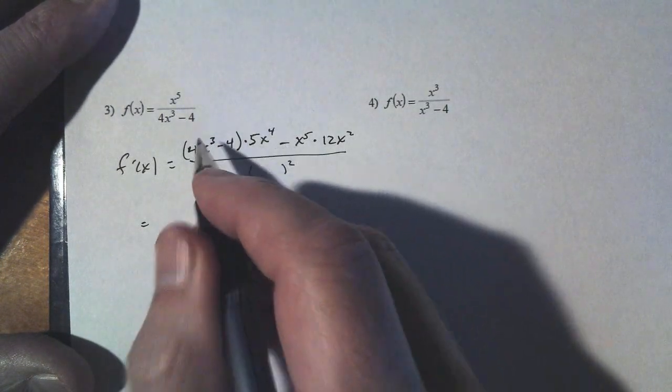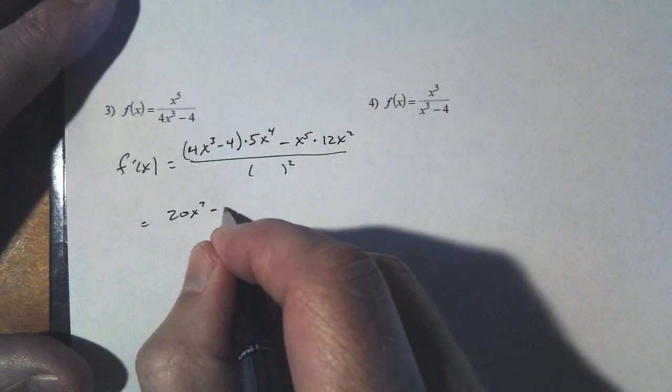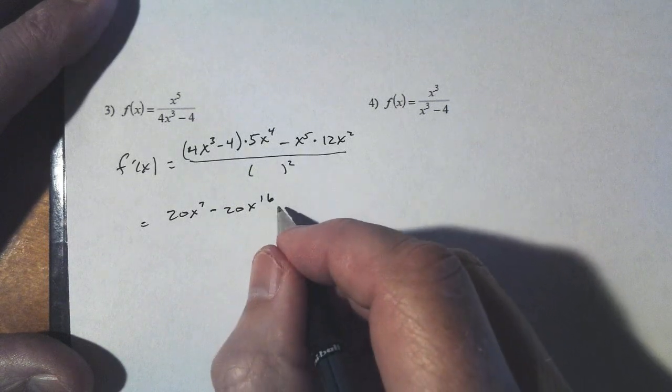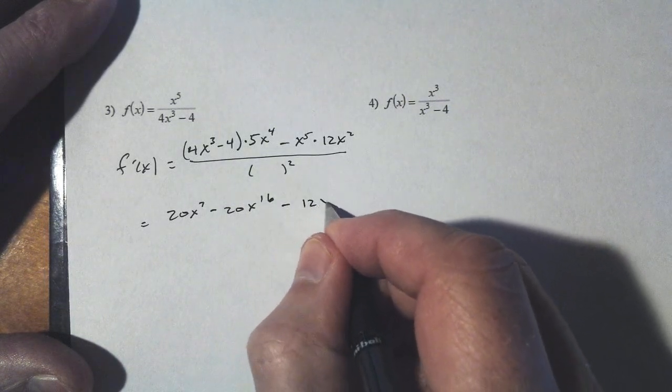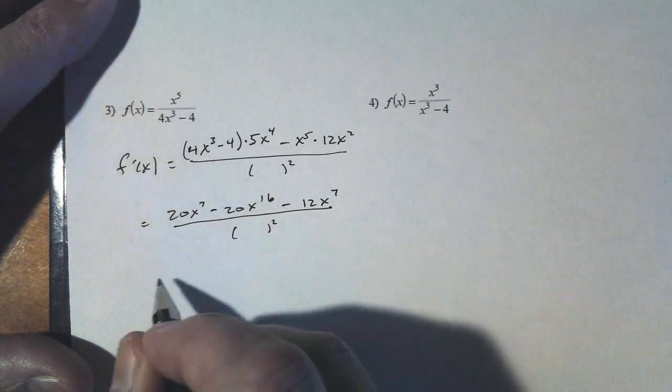Distributing, 20x to the 7th minus 20x to the 16th minus 12x to the 7th, all on the square of the thing below.